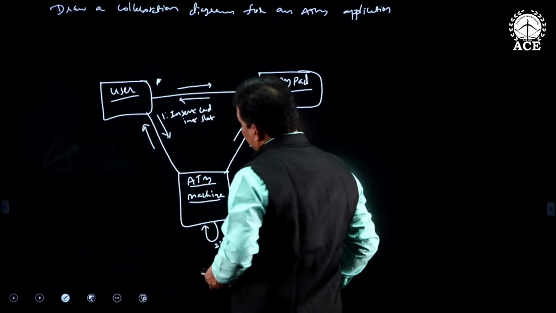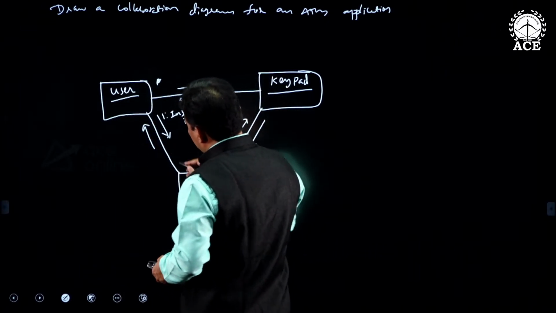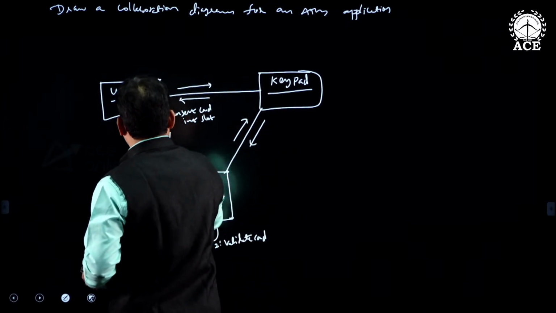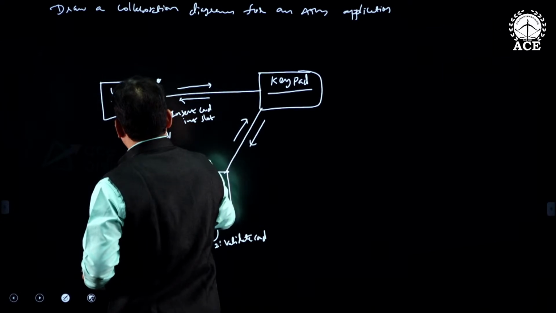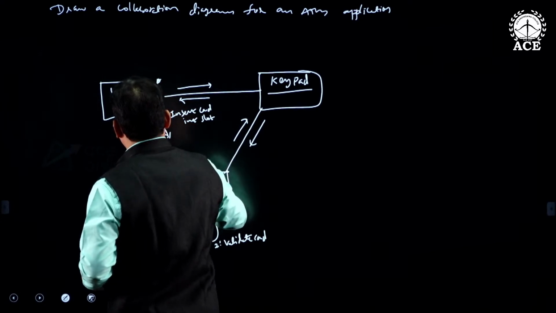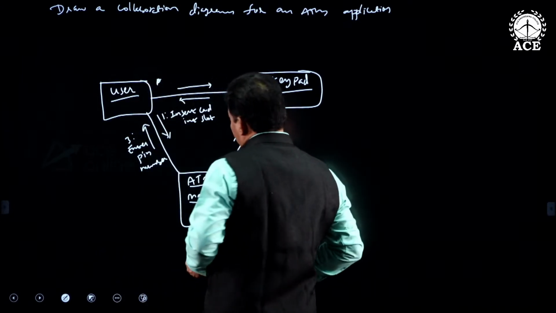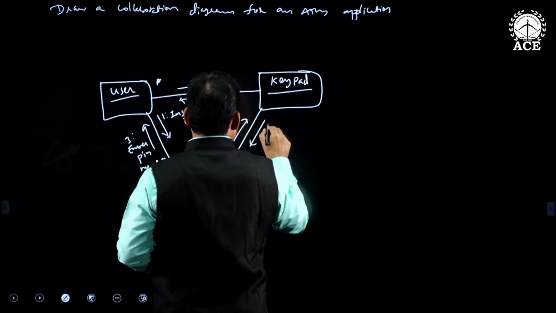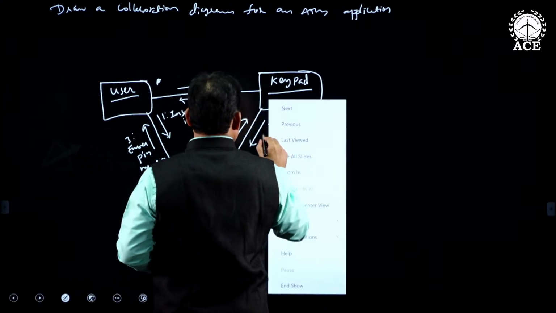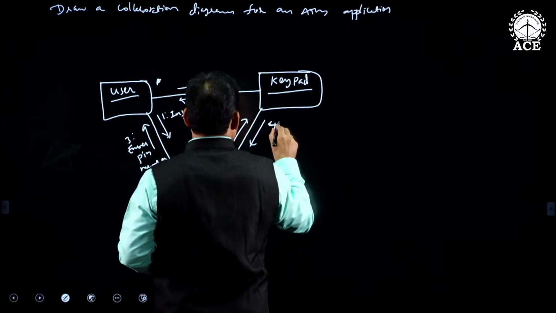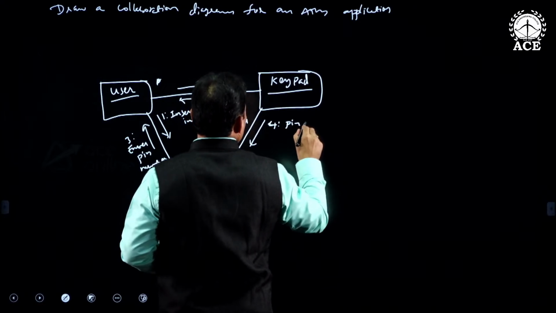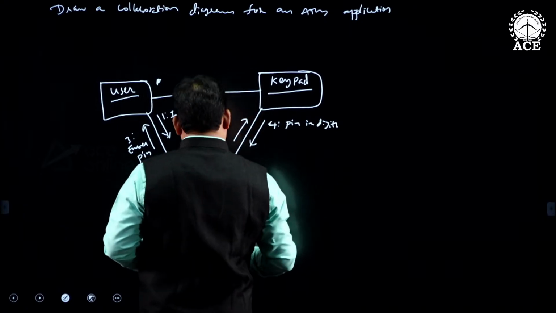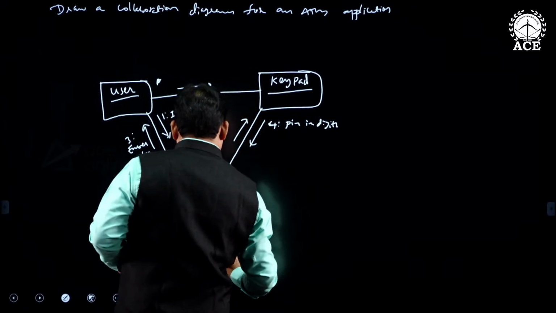Once the card is valid, the ATM machine will ask the user to enter the PIN number. Once the ATM machine asks, the user will enter the PIN in digits.